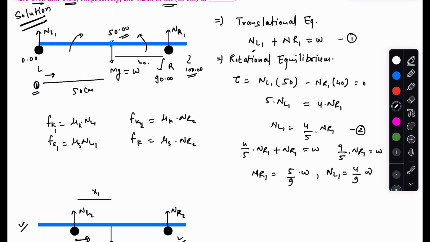Now see, is nr1 greater than nl1 or not? Yes. If it is greater and both the fingers are at rest right now, this static friction will act first, right? Okay, this is our static friction.